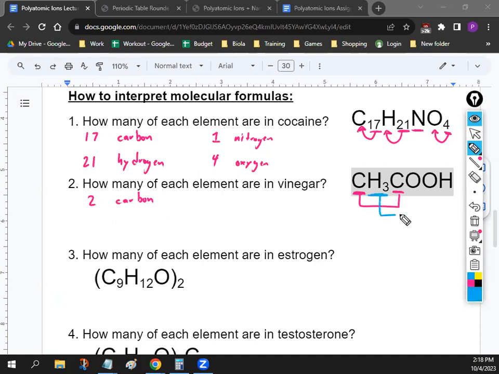You've got 3 here and 1 over here, so you have a total of 4 hydrogens. Lastly, you have an O here, so that's your oxygen. So you've got 2 oxygens. The point of that problem was just to show you that if things are split up, you just need to add them together. That's how you count the elements inside that molecule.